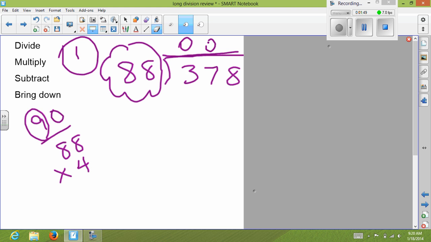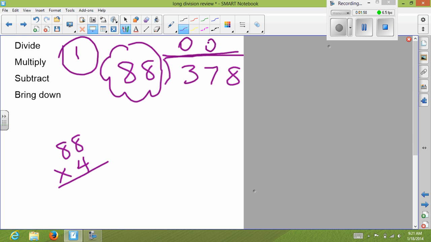So I can do 88 times 4 a couple different ways. I can do it the traditional way, where I'm just going to go through and multiply. 4 times 8 is 32, carry my 3. 4 times 8 is 32, plus that 3 is 35. So I get 352.